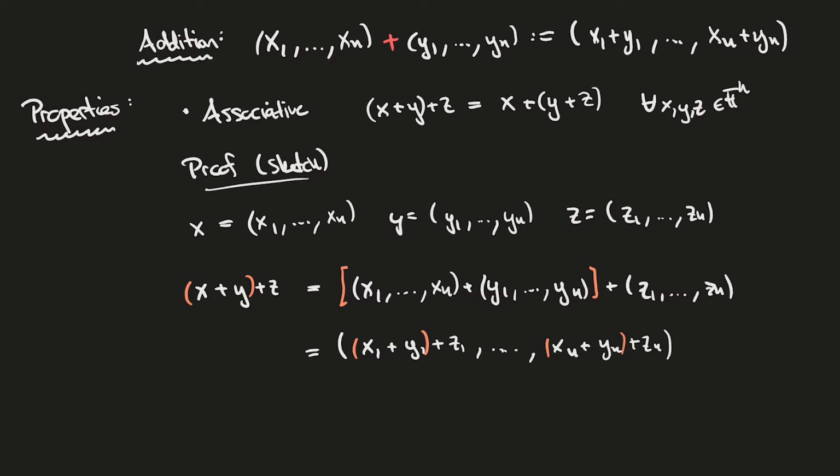And now, using the associativity of addition in our base field F, we can rearrange each coordinate to give x1 plus y1 plus z1, but now bracketed in the other possible way. And we do this in every coordinate.